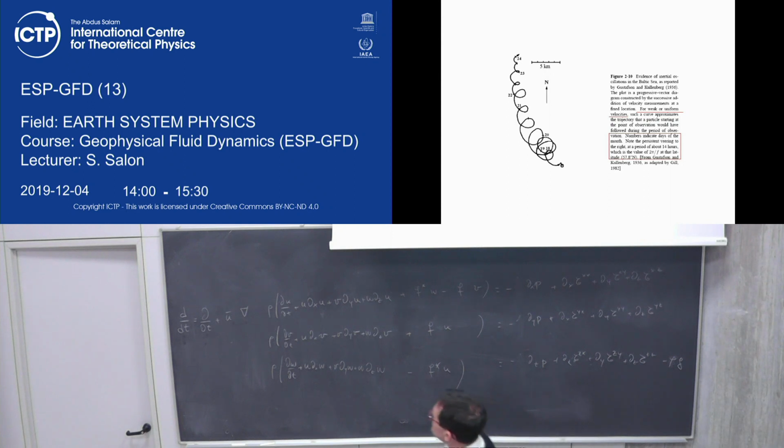Okay, so these are the first 3 equations, the momentum equations.